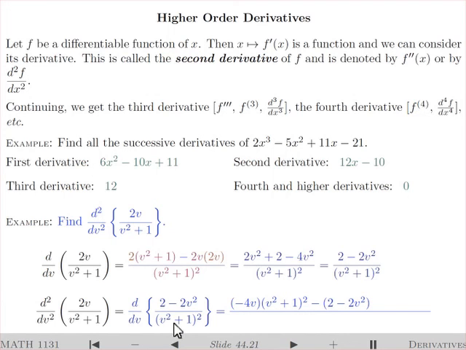The denominator is a power of a polynomial, so I have to use the power rule and chain rule. First differentiate for the exponent 2, which gives me 2 times v squared plus 1, and then differentiate the inside. The inside is v squared plus 1, its derivative is 2v. The whole thing over the square of that denominator, so the square of v squared plus 1 quantity squared. Of course, we can simplify this a little bit, and I should really do that if we want to find the third derivative. But since all it asked for is the second derivative, not even simplified, we can just stop here.